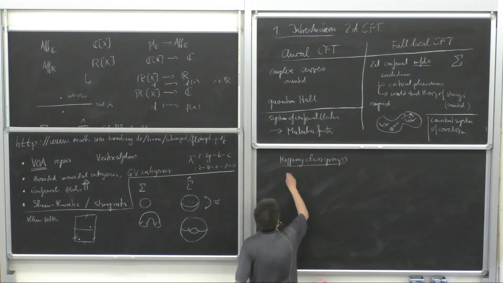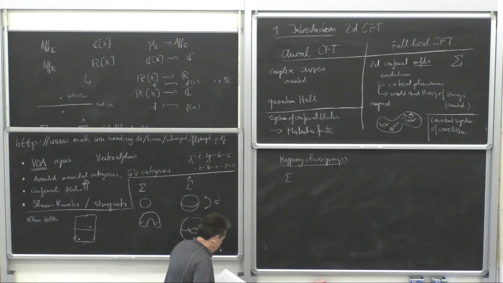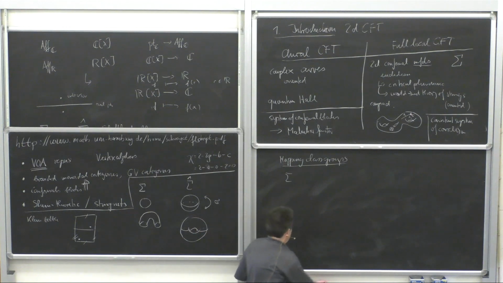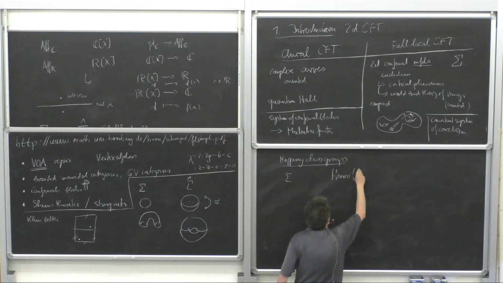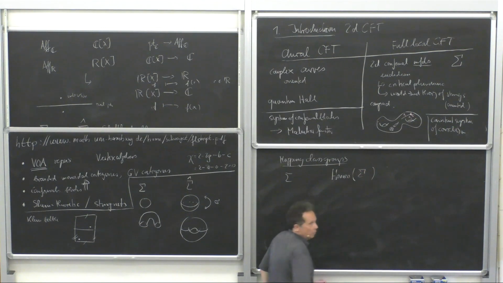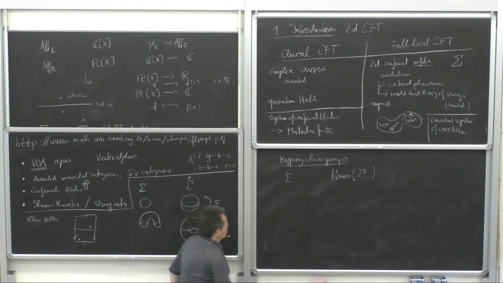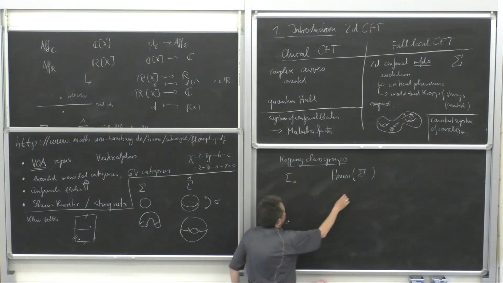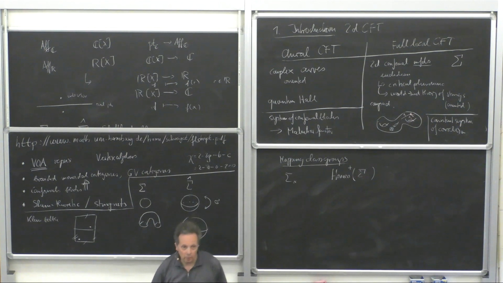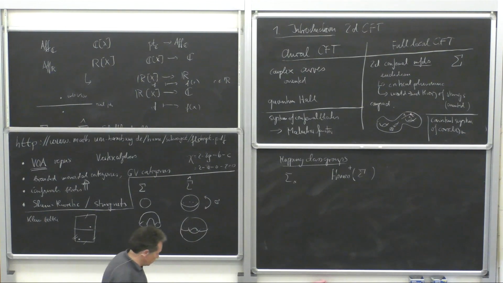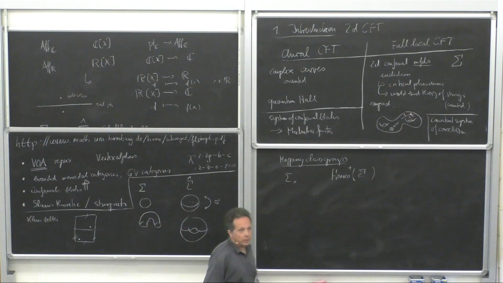Good. So what do we do? We have a topological surface sigma, and now we can consider homeomorphisms of sigma to itself. And we have to be a bit careful. If sigma is oriented, then I will consider orientation preserving homeomorphisms. If sigma is not oriented, obviously I will consider all homeomorphisms.